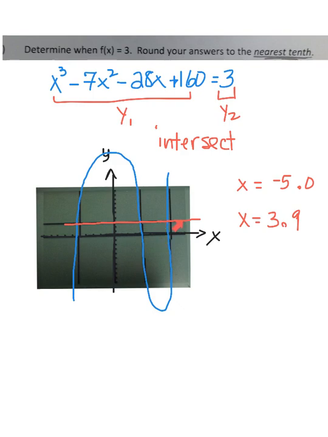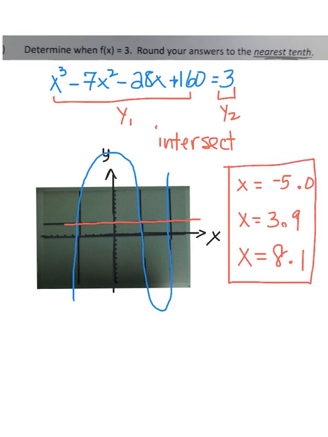It's going to bump you up to this line and come off to the right somewhere here and hit enter twice. Okay, and then again we're rounding to the nearest tenth and I have 8.1. So right here, these are the answers where the function is equal to 3.